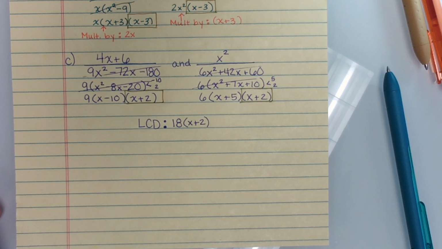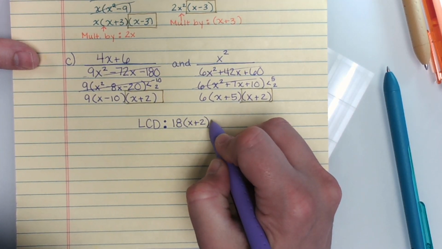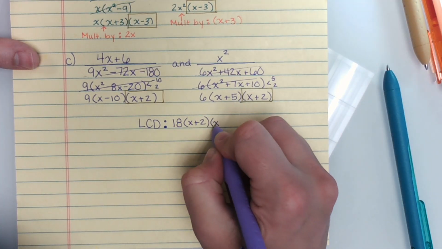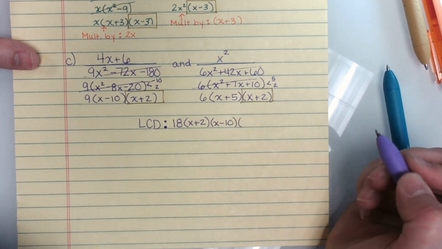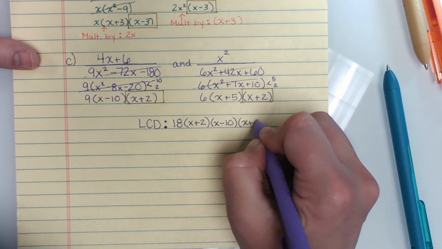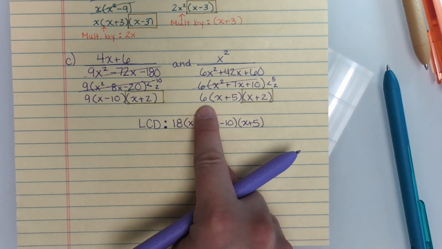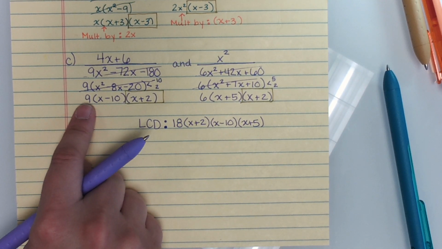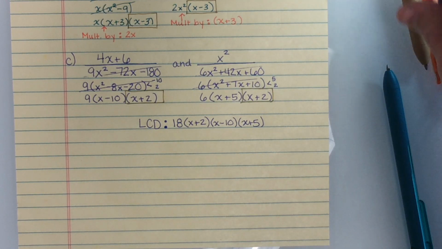No. What else does my LCD need, though? X minus 10. X plus 5. Does it need a 6? No, that was taken care of by the 18. Does it need a 9? No, that was taken care of by the 18.